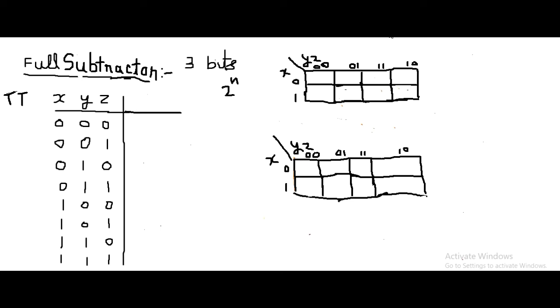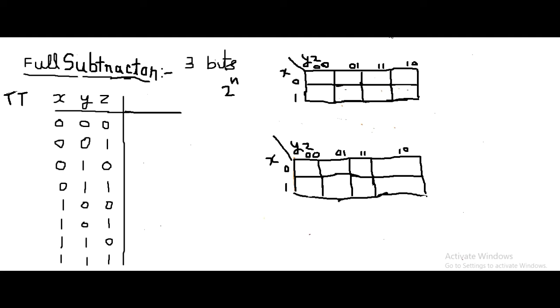I have written down all the combinations of these 3-bit numbers, where x is the minuend, y is the subtrahend and z is the borrow. So these are the 3 1-bit numbers that we are going to subtract using the full subtractor.